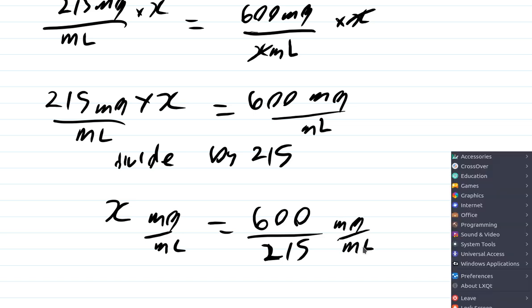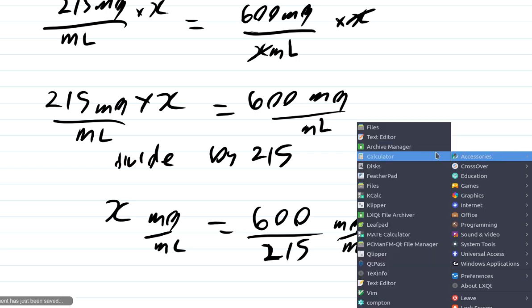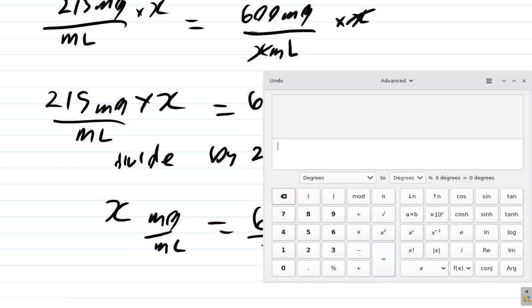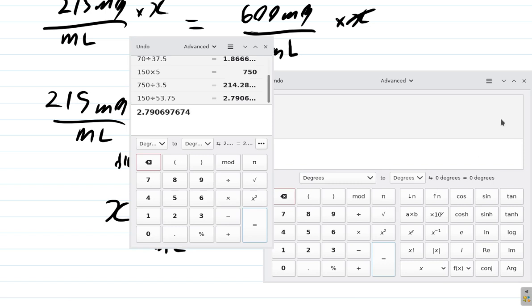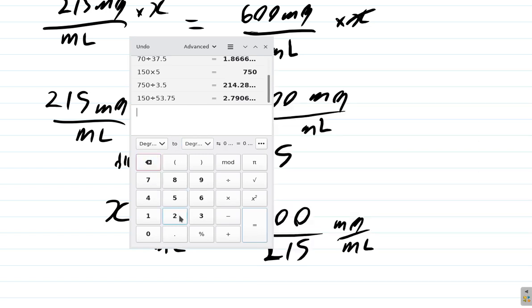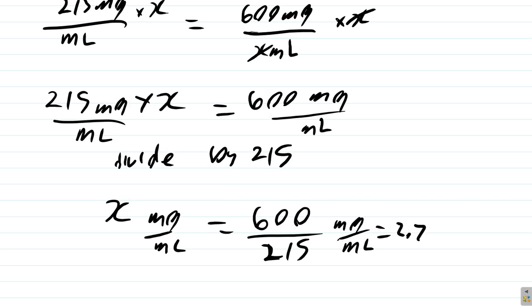What is 600 over 215? Let us see. 600 over 215 equals 2.79 again.